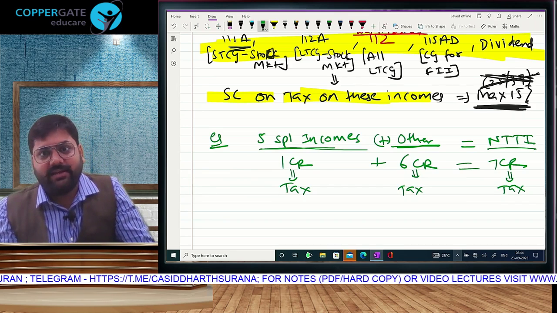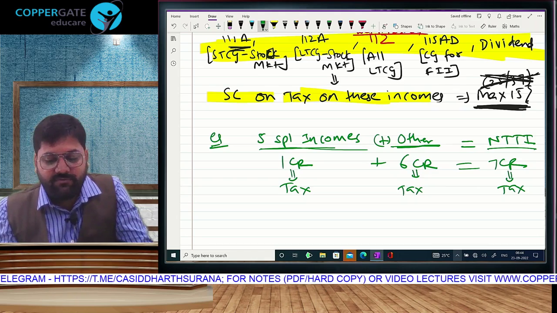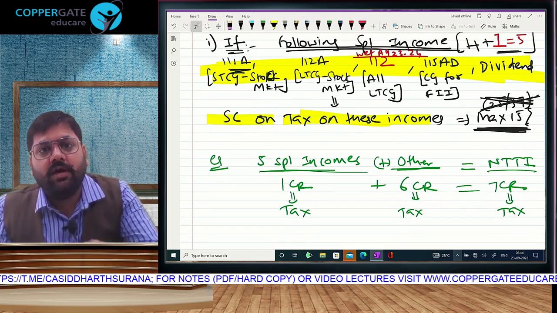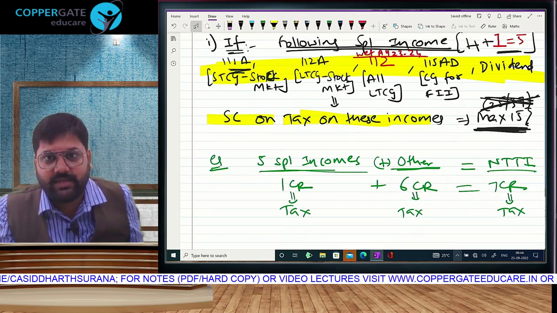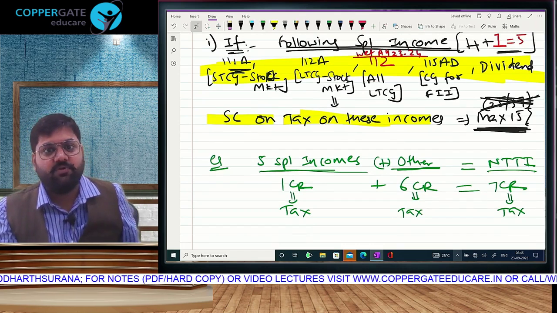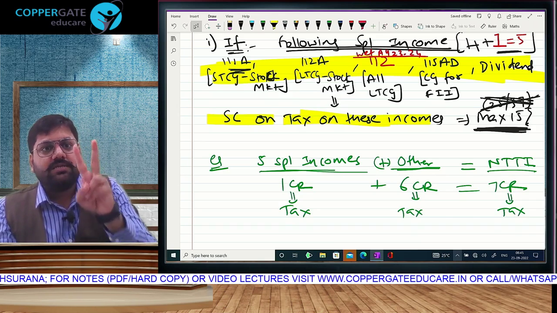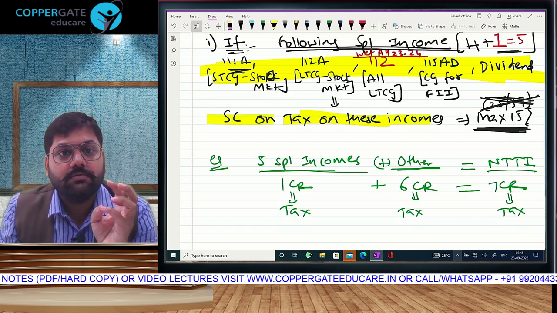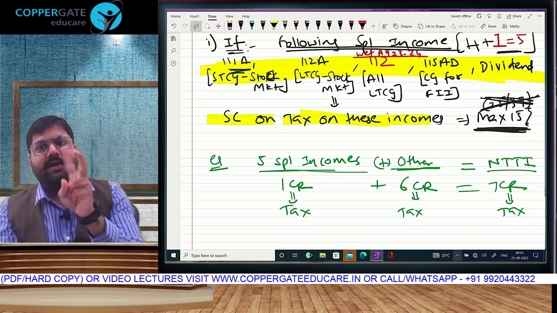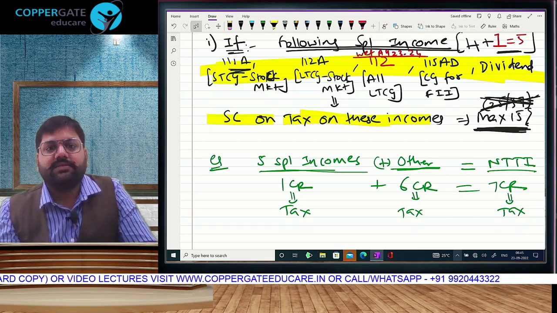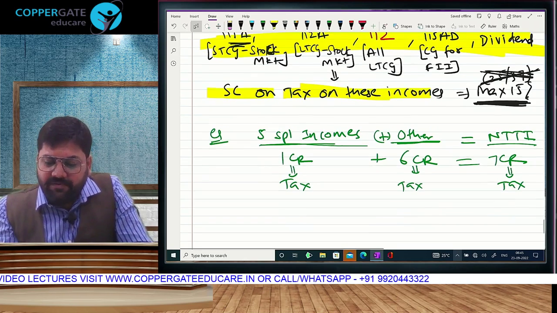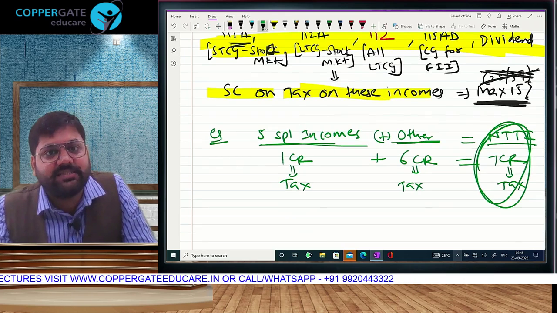Now that we have calculated tax, we have to decide: rebate, surcharge, or none of them. This is the analysis that you will always do. Surcharge. And we always look at our NTTI and decide surcharge.